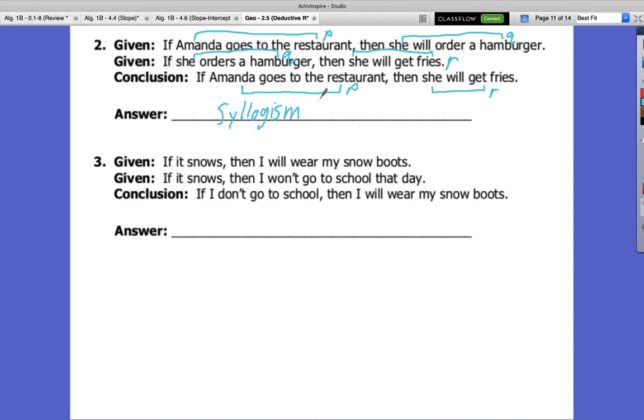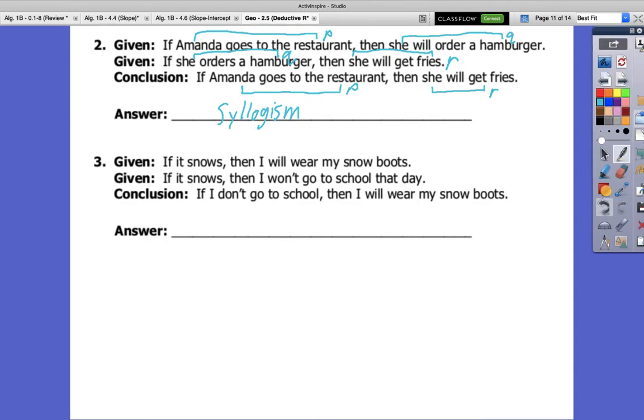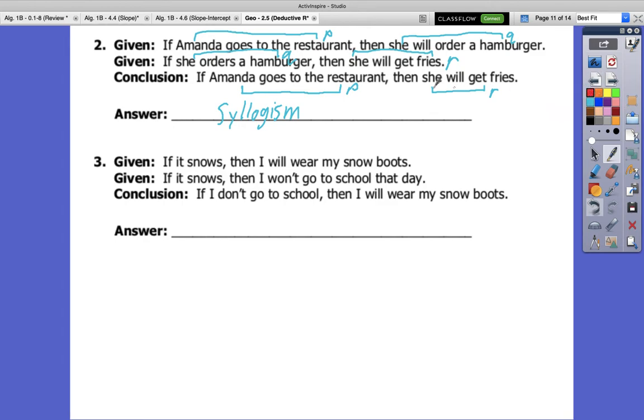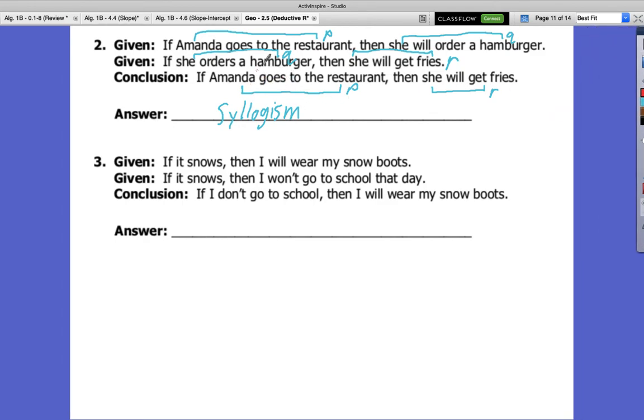We have to say invalid, because she could have gone to, I don't know, the grocery store and bought fries and put them in the oven. But it didn't. It just followed the pattern: if P then Q, if Q then R, cut out the middleman. Let's go straight from P to R.